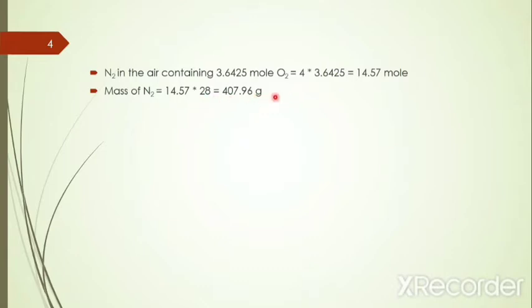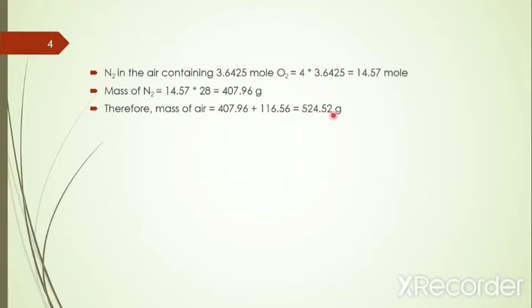Mass of nitrogen plus mass of oxygen. So the total mass of air will be 407.96 plus 116.56, that is 524.52. So this much mass of air is required for complete burning of 100 gram of biomass.